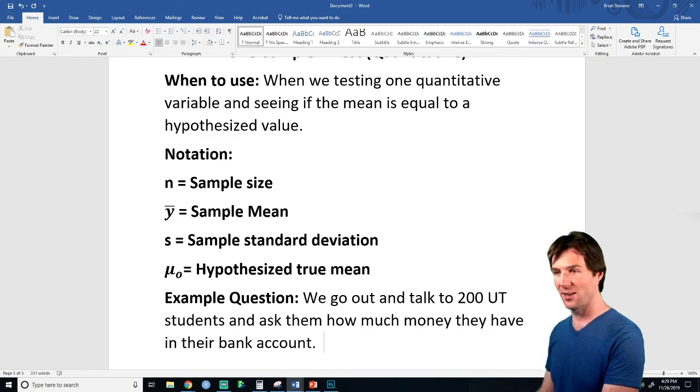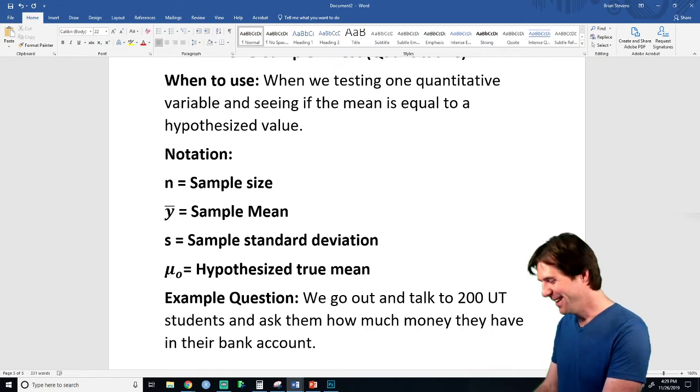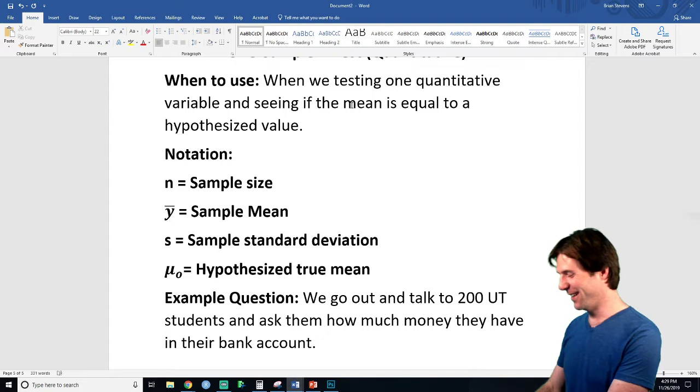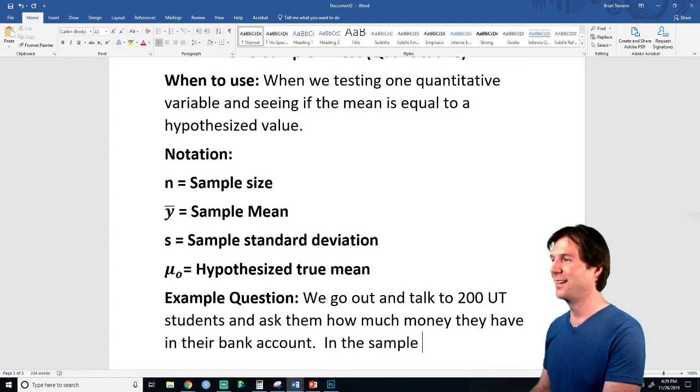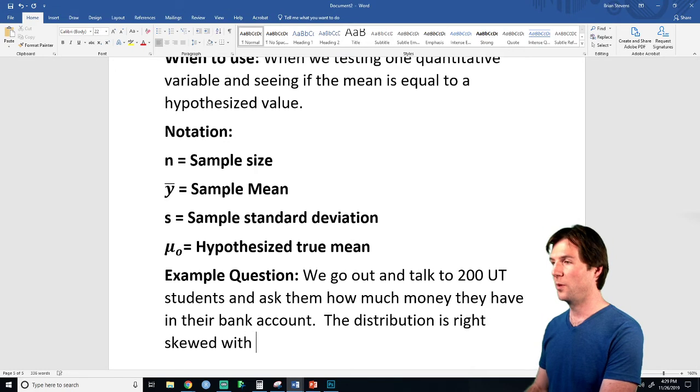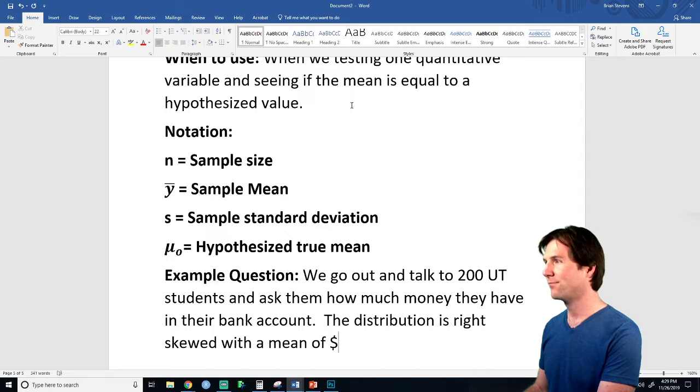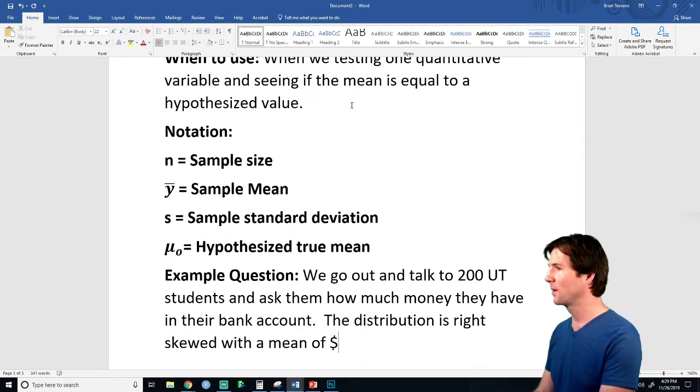From here, let's see here. In the sample, let's say this. The distribution is very, let's say right skew, with a mean of, I'm trying to think of the math as we do this.